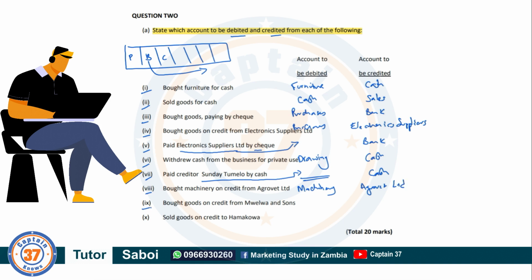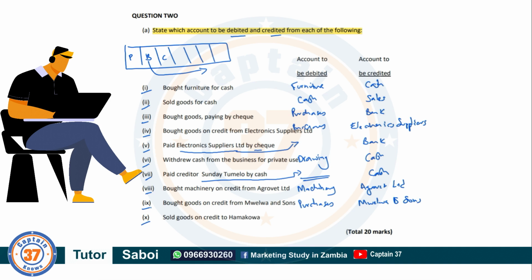Number 9, bought goods on credit from Mwewa and Sons. Purchases. Is that even the correct spelling for purchases? All right, so let me just write it correctly. Purchases, and then the account to be credited is Mwelwa and Sons.